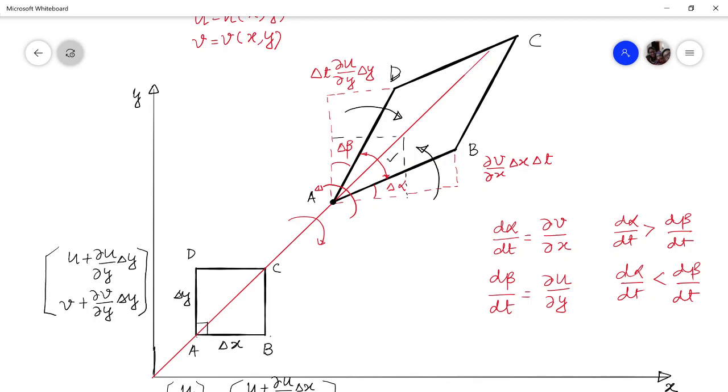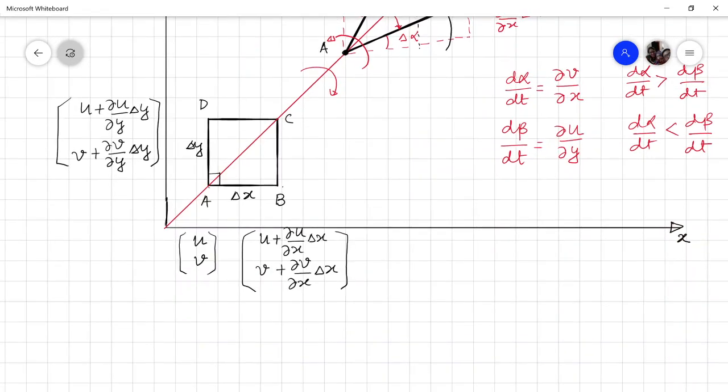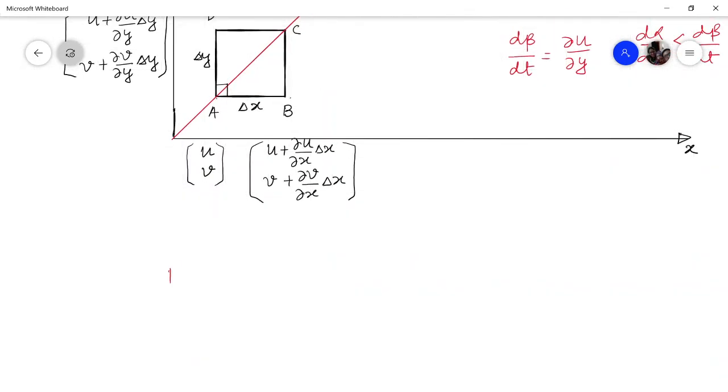So a rotation vector is defined. How is that defined?